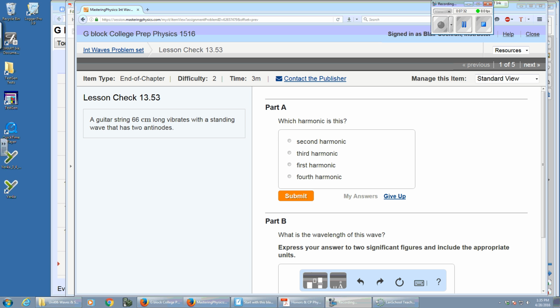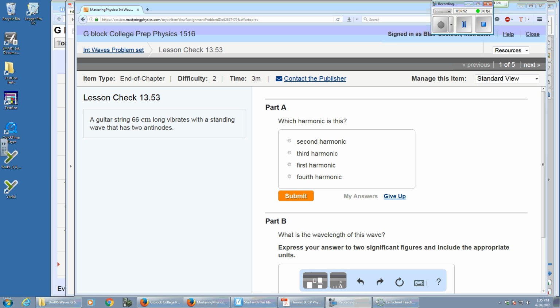All right, let's look at 13.53 here. I think the whole understanding of this, the whole why of this one, would be drawing the picture. Since it's a guitar string, what must be at either end if there's a standing wave on it?